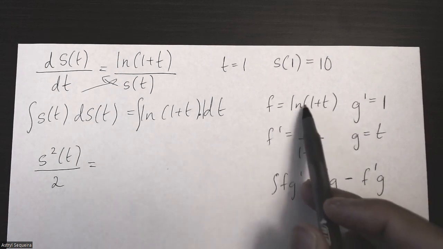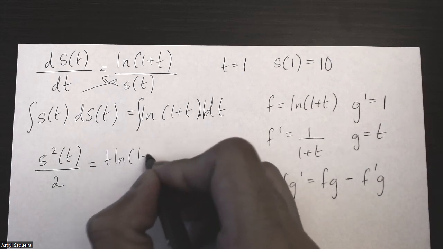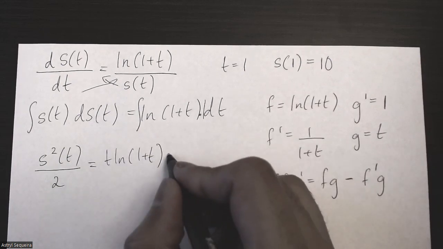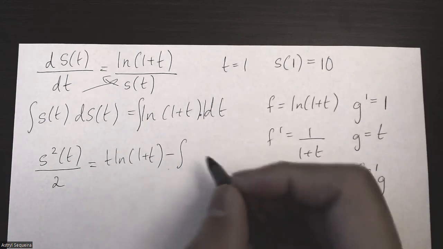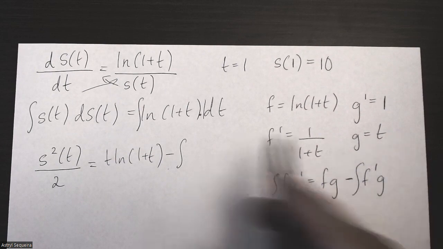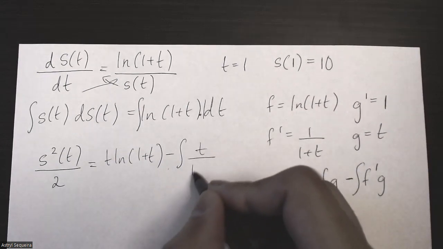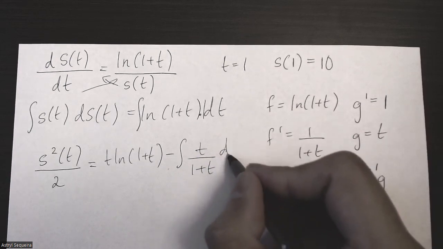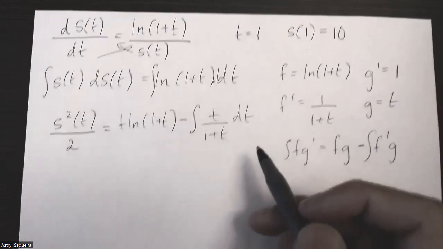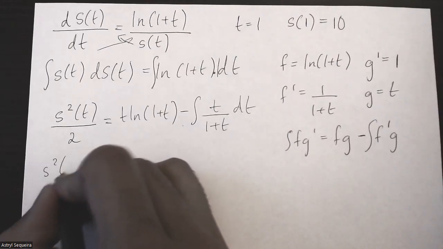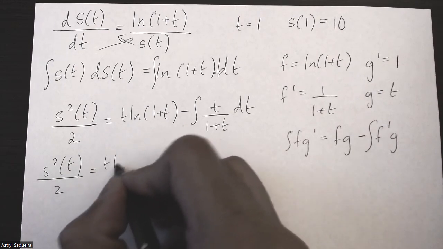So f times g is just t ln(1 plus t). And then we have minus, oh, I forgot my integral sign here. Integral of f prime times g is just t times 1 over 1 plus t, which is t over 1 plus t. I'm going to put a dt at the end because I have to integrate this here to complete this. Nothing's going to change over here. I just have to do the integration of this thing over here.